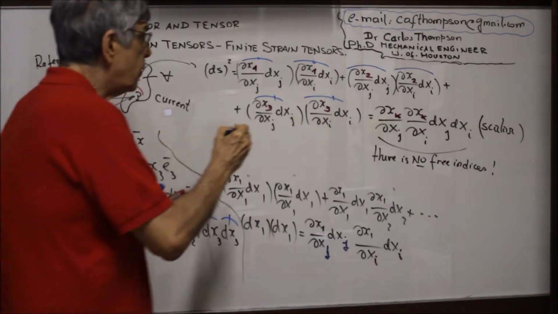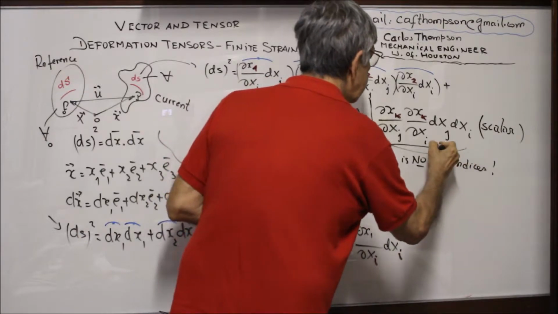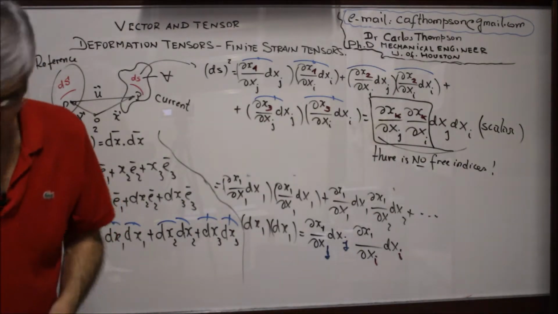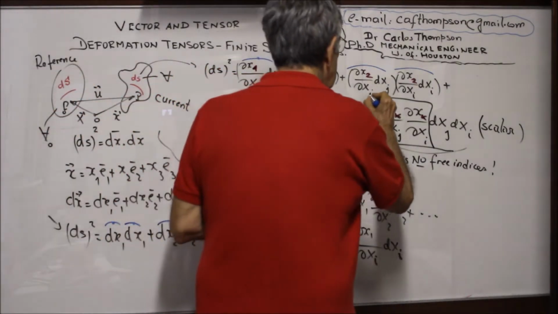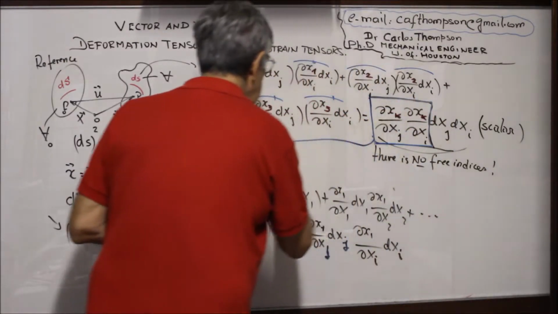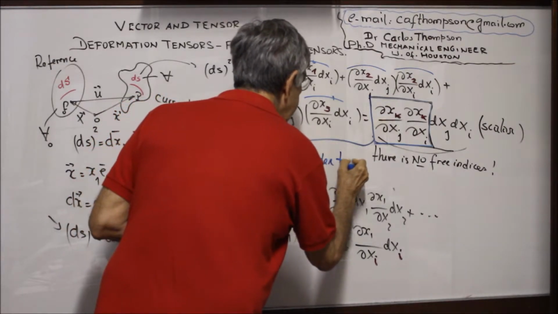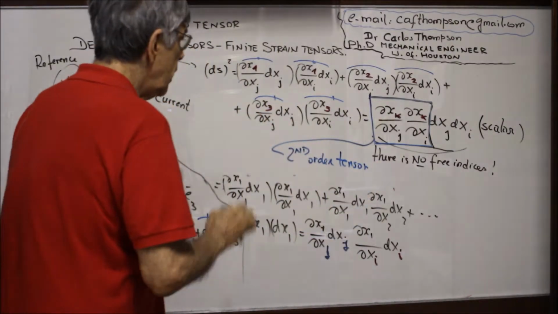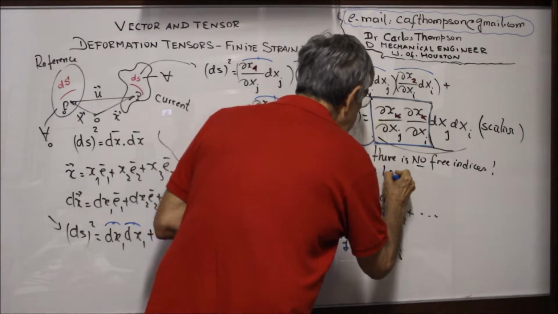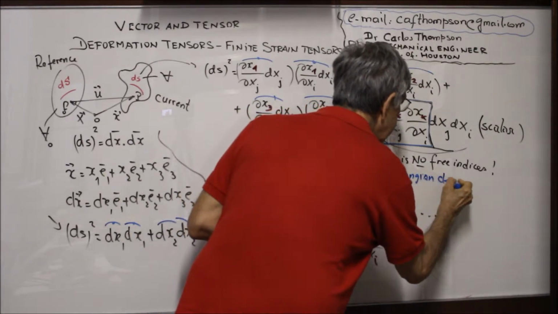Now this over here we call a tensor. This is a second order tensor. Now, second order tensor, don't forget, using Lagrangian description.